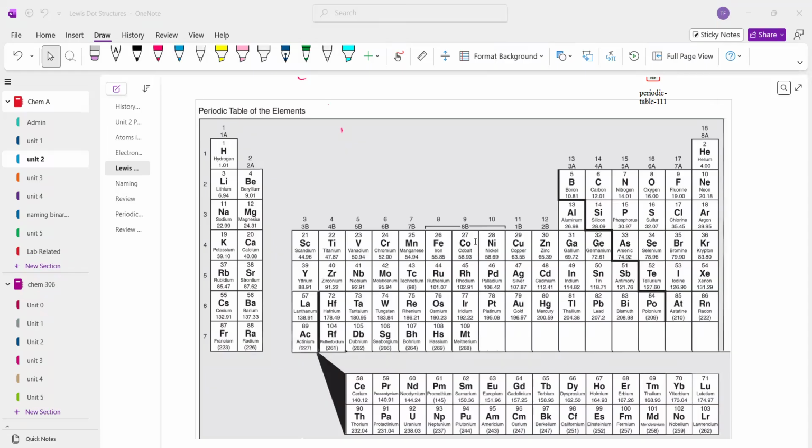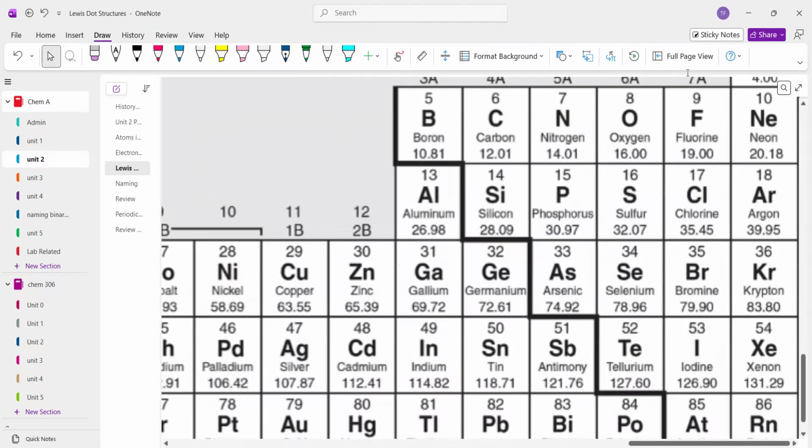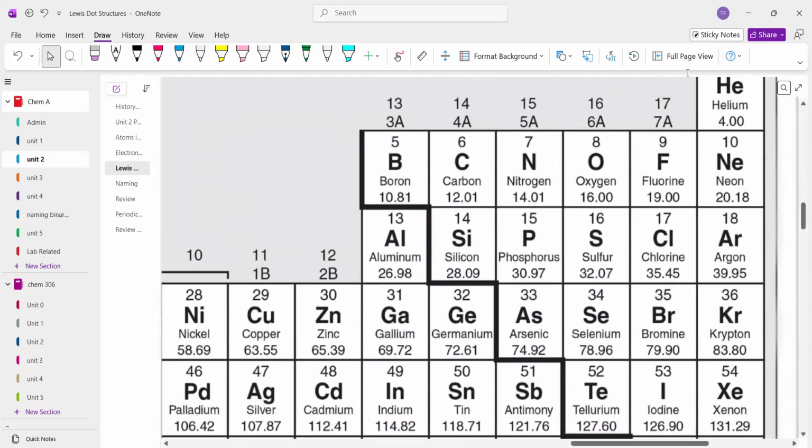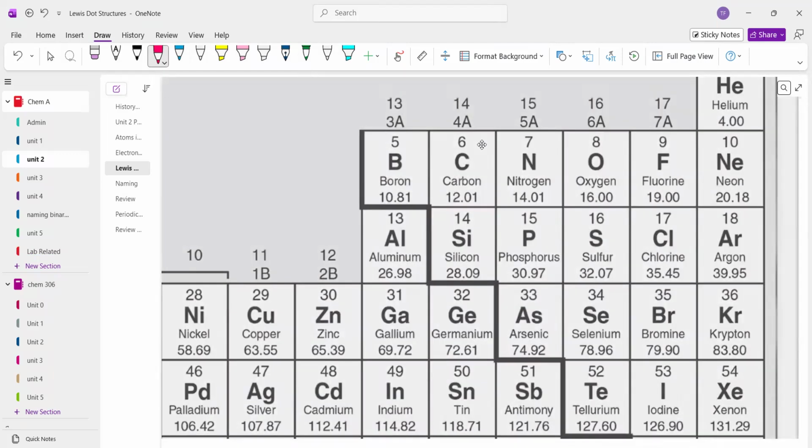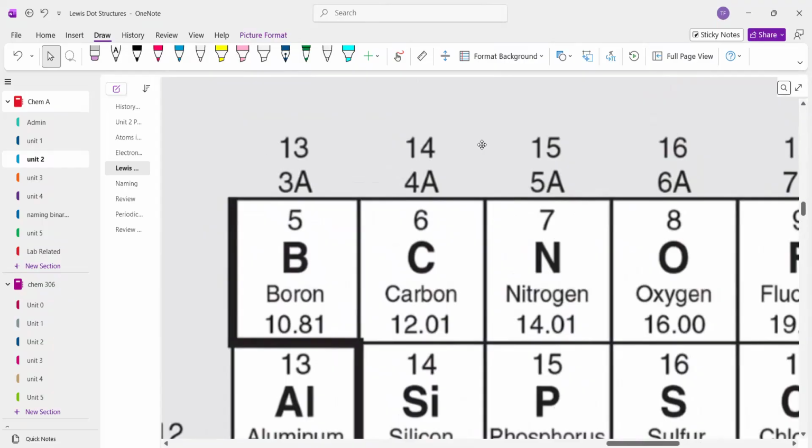Okay, so if we look at, let's say carbon. Remember from last time, every element has two numbers, an integer and a decimal. The decimal number is the molar mass. That's this one here.